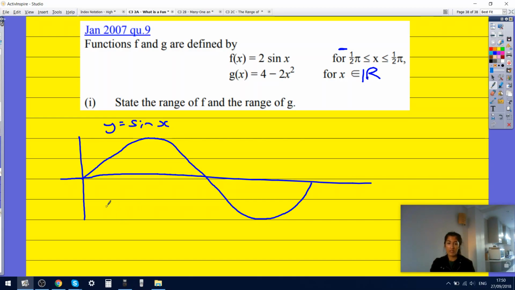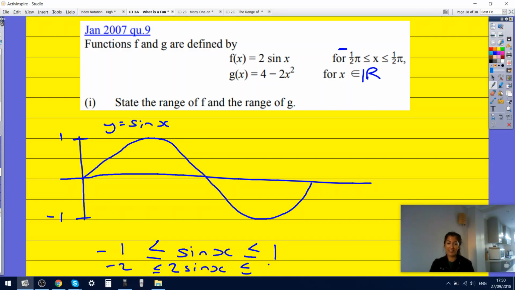What's the maximum? 1. Minimum? Minus 1. Okay. So this one is 2 sine x. So just times it by 2. I believe so. So minus 2 and 2.